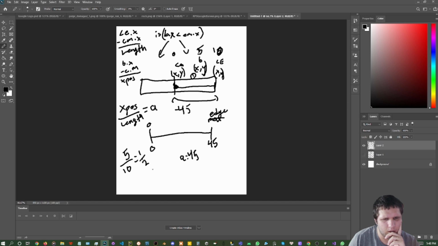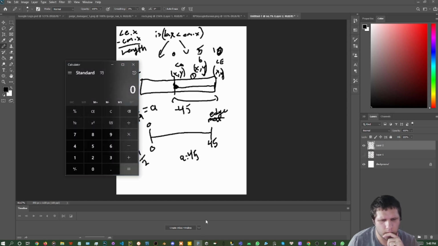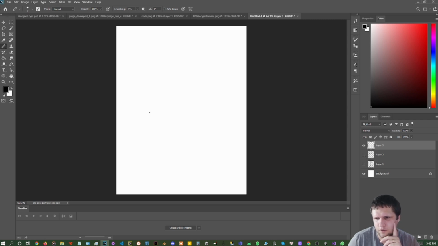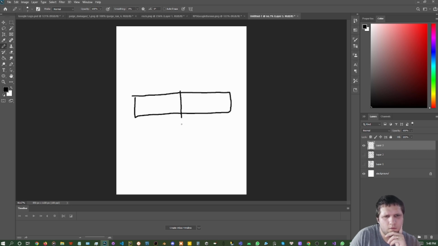And so in this case, it would be 45 times 0.5, which would be 22.5. So in this case, let's just show a new layer for this. So in this case, 0, 10, 5.